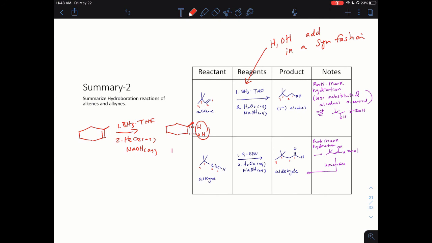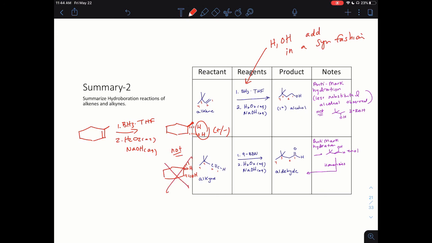So you will not see any other diastereomer of the product. This one is formed as a racemic mixture. But for example, you would not see the methyl group and the hydroxyl syn to one another because the H that adds and the OH that add, they add syn.